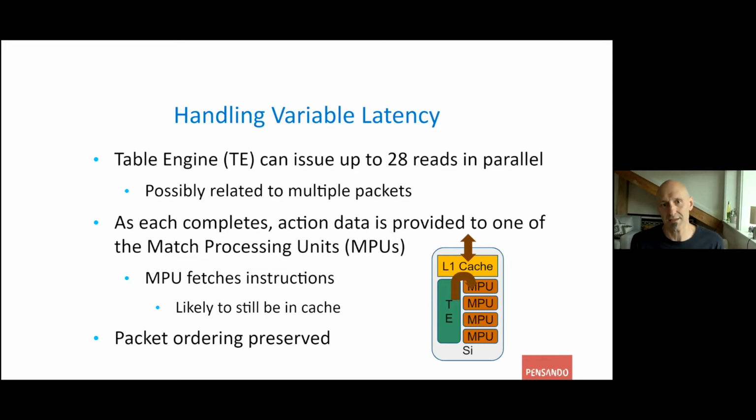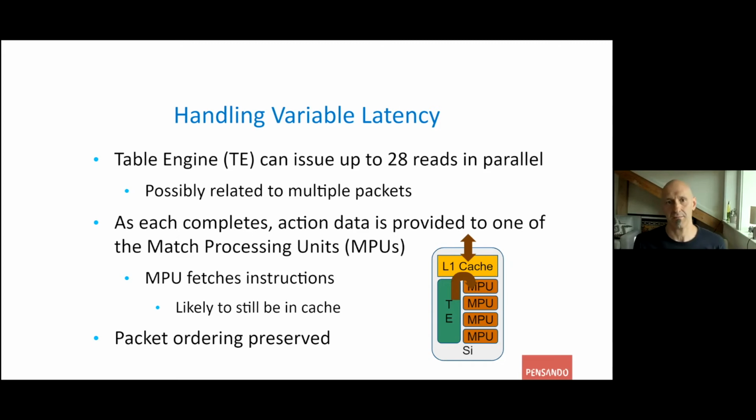So if we have misses, those misses are not necessarily going to affect the performance, because while we are waiting for the data to be fetched from level 2 cache or eventually from the main memory, the pipeline is not stalled. The various MPUs are going to be working on data that was instead found in cache. So unless we have really a large number of misses occurring concurrently, the system performance is not going to be affected.